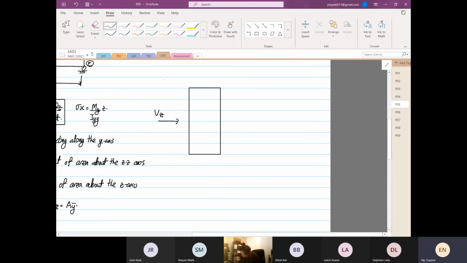So if I were to draw a transformation, this is Y, this is Z, right? So if I'm going to draw our axis of interest, so now this is our Y axis, right? And then the intersecting plane is still the X, but the shear will be in the Z, right?